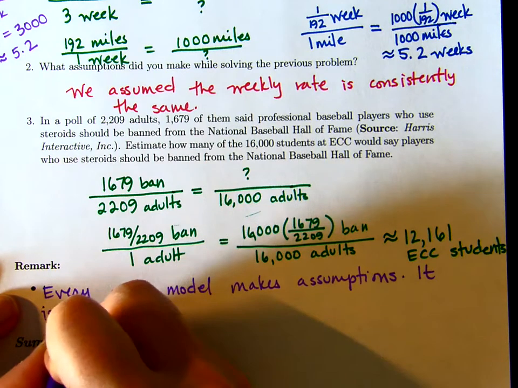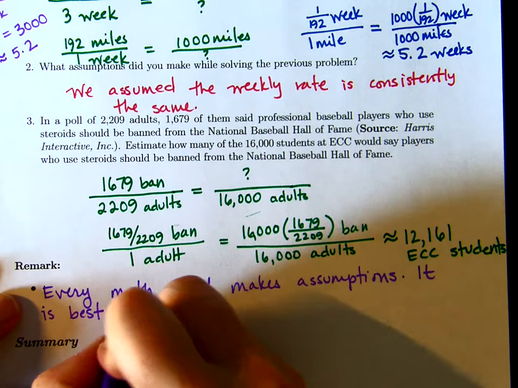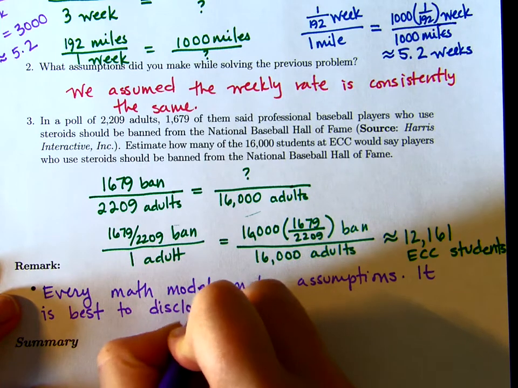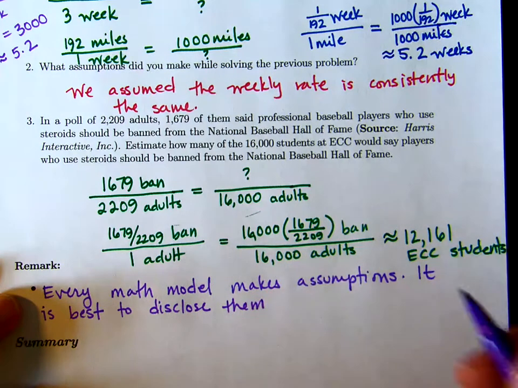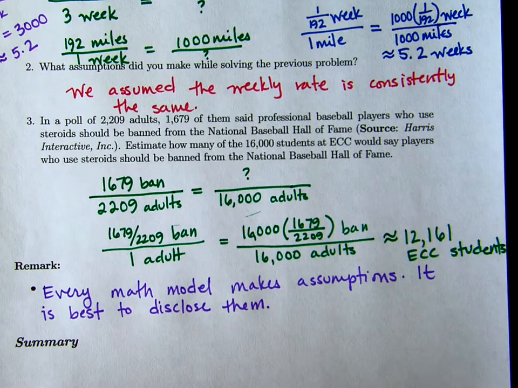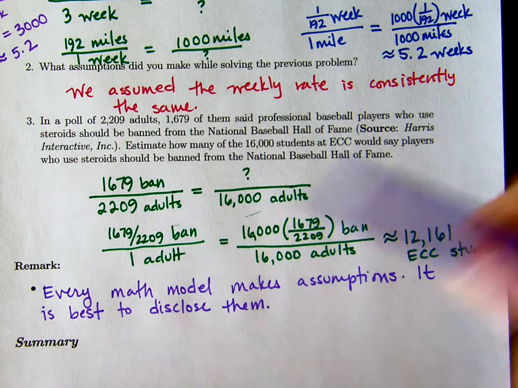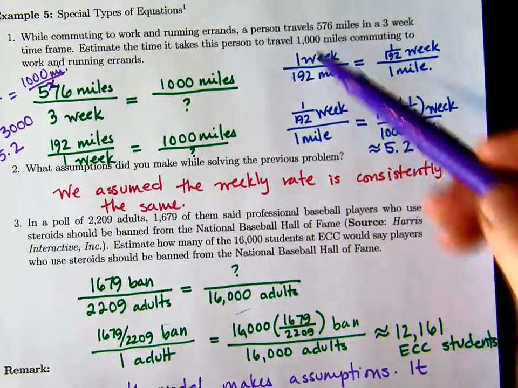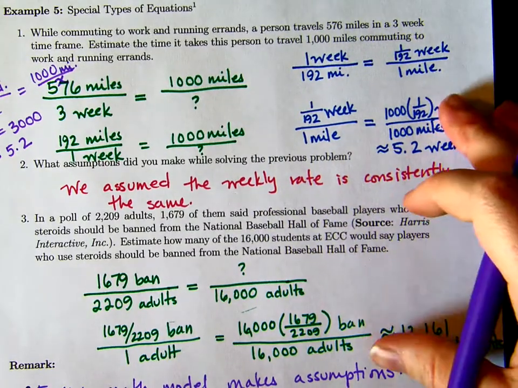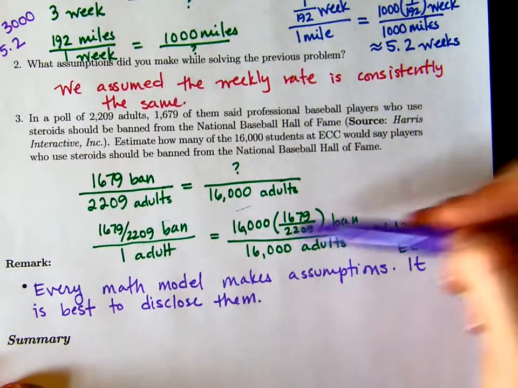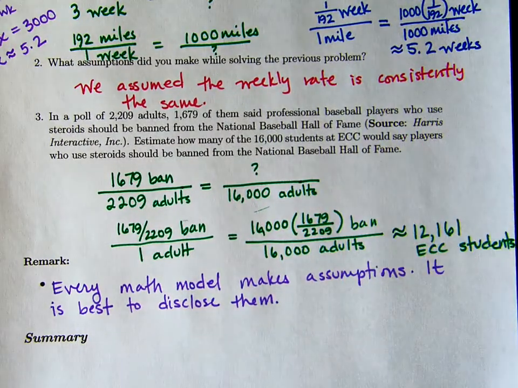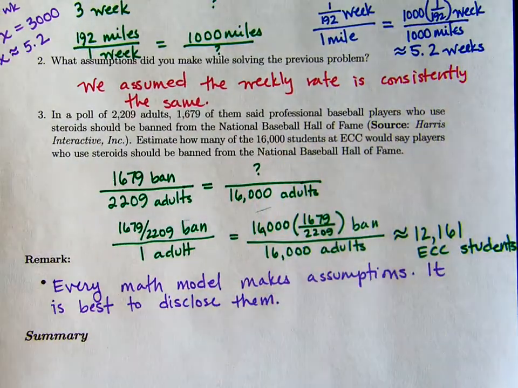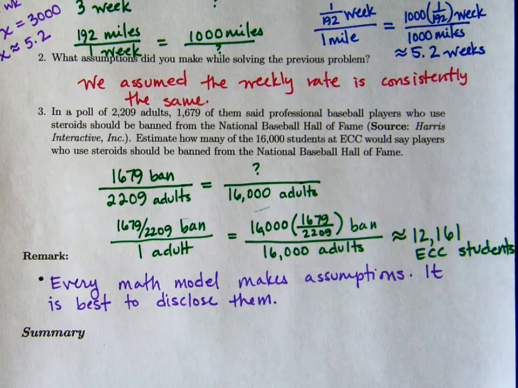It is best to disclose them. If you want to be trusted, you got to just be really forthcoming with all of your assumptions. So up here we talked about if this is going to actually work out, we had to make this assumption of it consistently being the same. And in this situation with the sample of adults, we have to make an assumption that their sampling will still represent our population of ECC students.